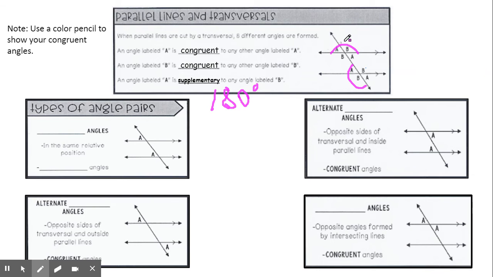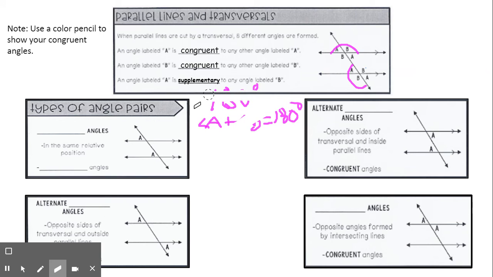Supplementary means that they both add up to give me 180. So angle A plus angle B equal 180. And I'm pretty sure you saw this in 7th grade last year.